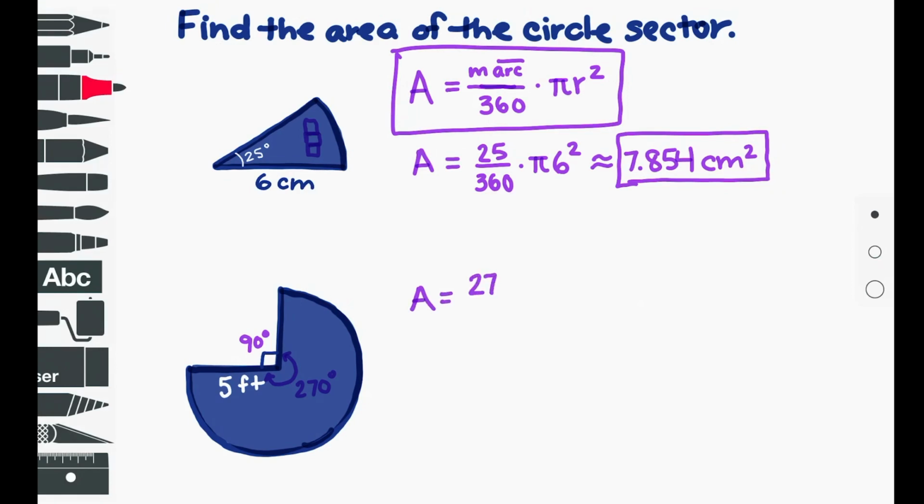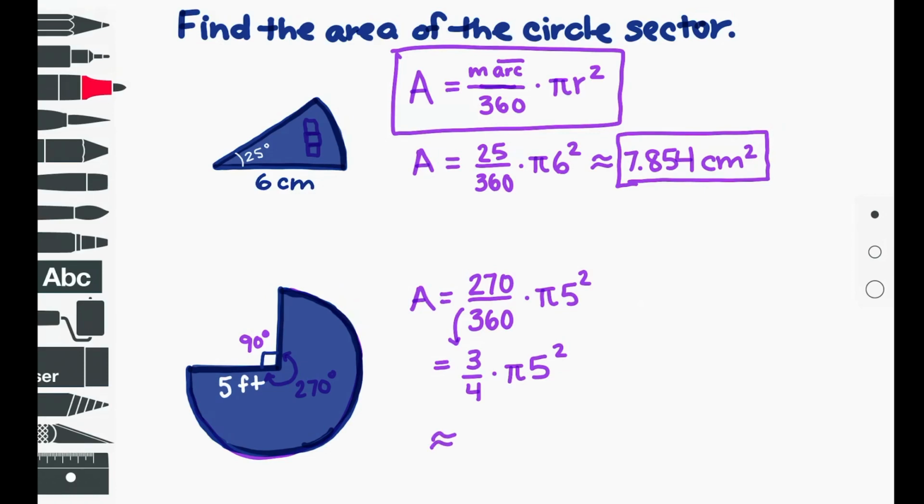So the area of this guy would be 270 degrees out of 360 degrees. That fraction of the entire circle, pi r squared. And just FYI, 270 over 360, if you reduce that, that's 3/4 of the circle. I just thought it was important to kind of see how that reduces to 3/4, and this is 3/4 of a circle.